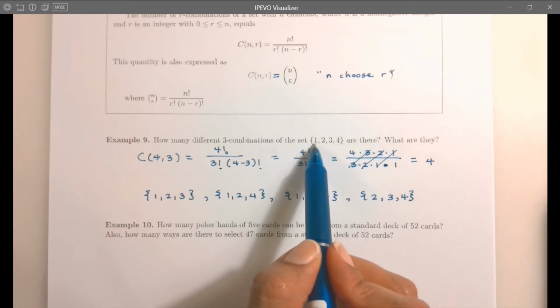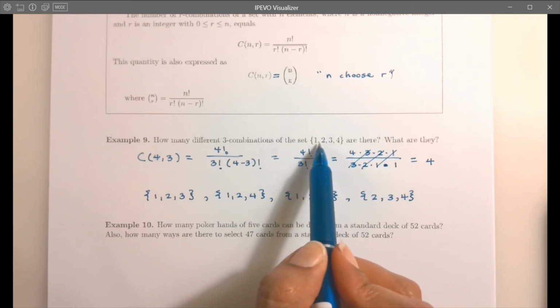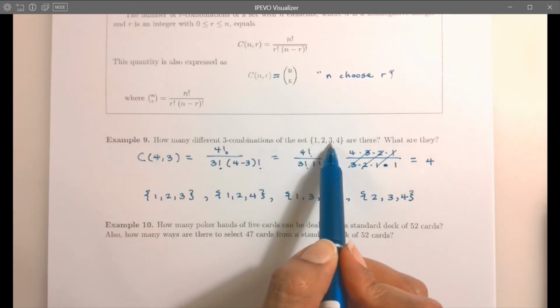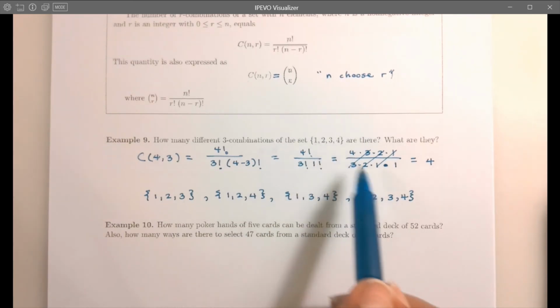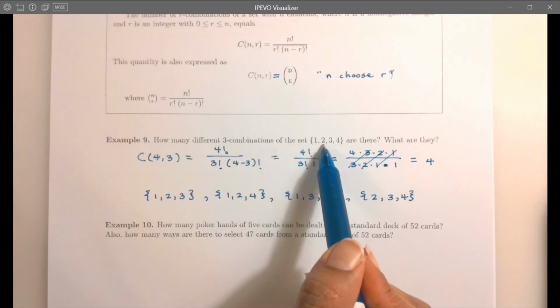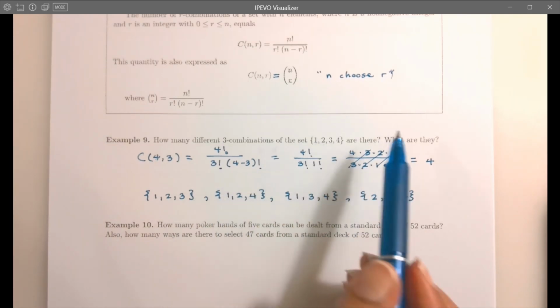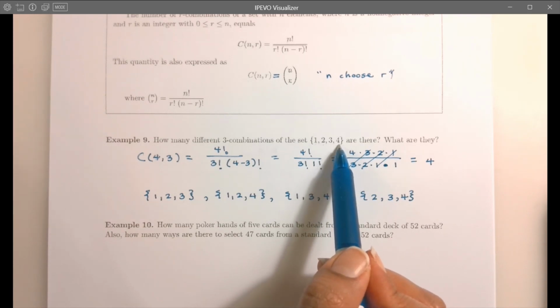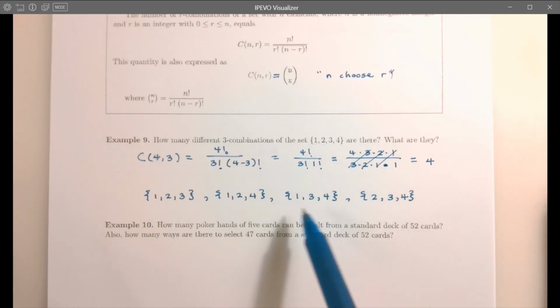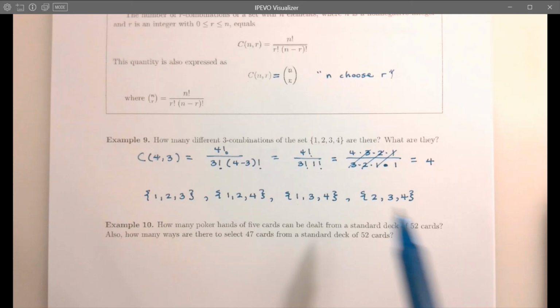Then I fix another 2 different elements, let's say 1 and 3, and I think about what the options are for the last element. Well, it could be a 2, but in that case we would have the 1, 2, 3 that was already written. Or we could have a 4, which has not been written before. So then we take that subset 1, 3, 4.